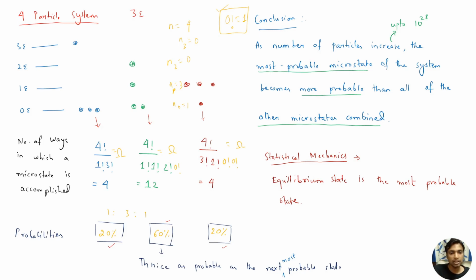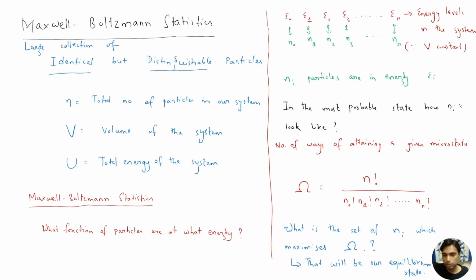Our problem now is to find the maximum omega. The maximum omega in this case is this one, the 60% one. So what we are trying to do is look at this energy state. We are given a microstate, and we are looking at the number of ways in which that can be obtained.